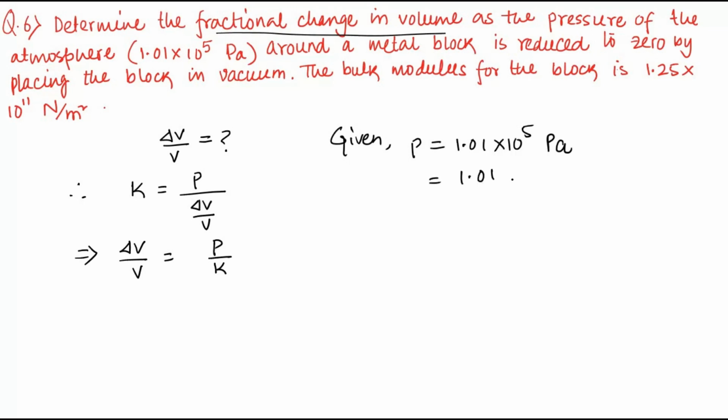That means this is 1.01 × 10^5 Newton per meter square, and K of that block is 1.25 × 10^11 Newton per meter square.